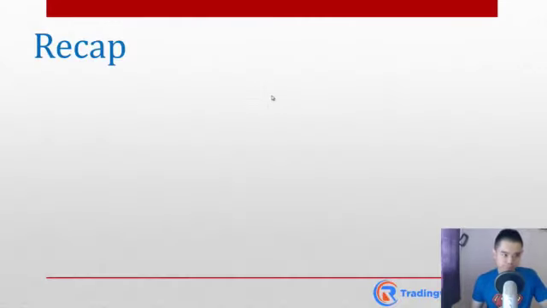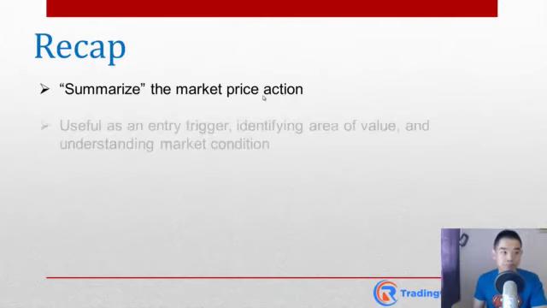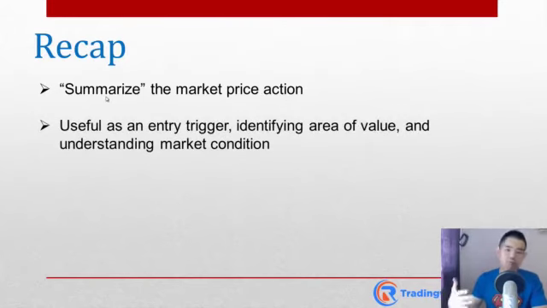So, quick recap. We have talked about indicators in this section. Number one, indicators pretty much summarize the market price action by applying a formula to the historical data. They can be used as an entry trigger, identifying an area of value, and even to help you understand the market condition.